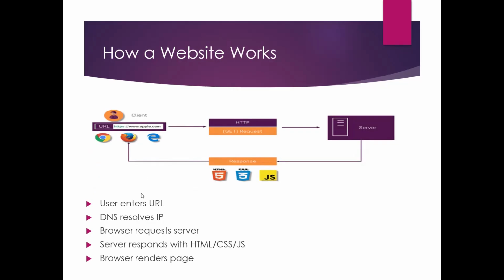That shows how a website is seen. When the user enters a URL, the DNS resolves the IP, and then the browser requests the server to send the information, and the server responds with HTML, CSS, and JavaScript, and the browser renders the pages.